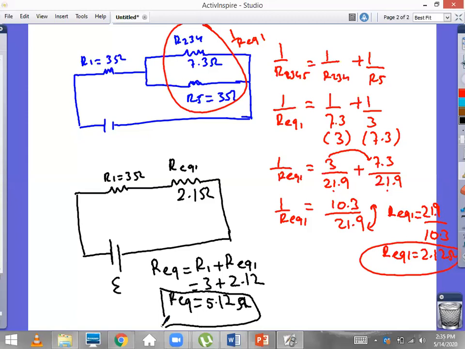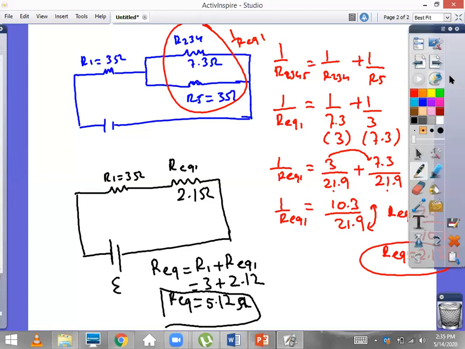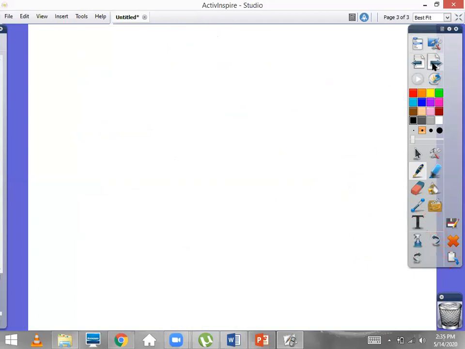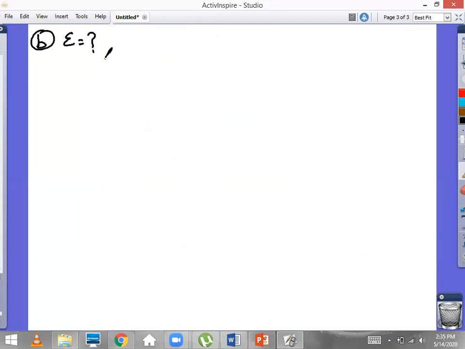Okay. So the second part, B, is asking if a 4-watt power supply is connected, what is going to be the EMF? For B, you are looking for EMF. EMF means potential difference, that means voltage.